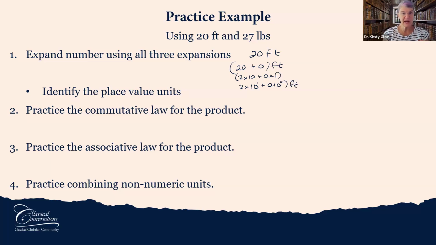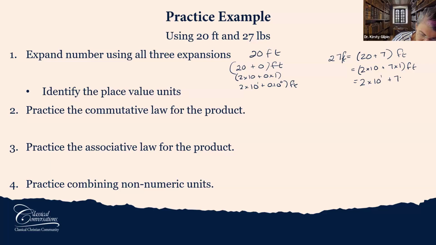So you can just practice writing those expansions even with small numbers. With 27, it might be easier to see, there's my feet, that I have 20 plus 7 feet, which is 2 tens plus 7 ones feet, which is 2 times the first power of 10 plus 7 times the 0th power of 10 feet.